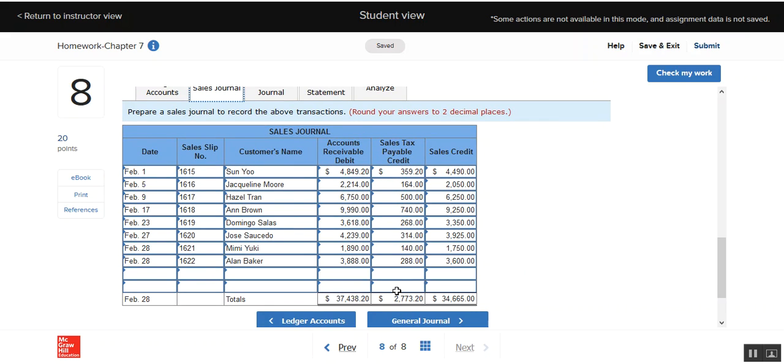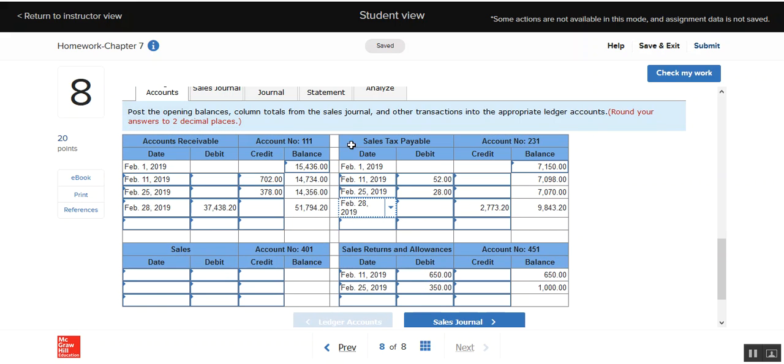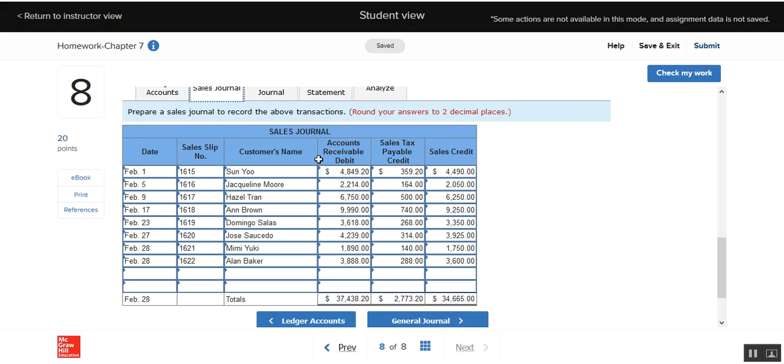The sales tax payable credit, $2,773.20. And again, the last day of the month. And we've got this last column over here.